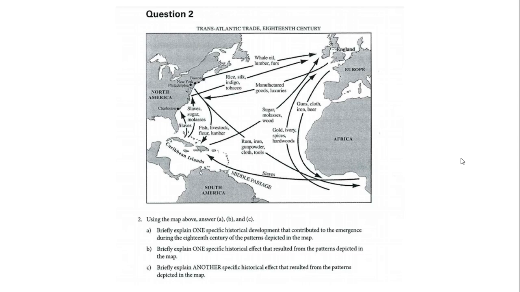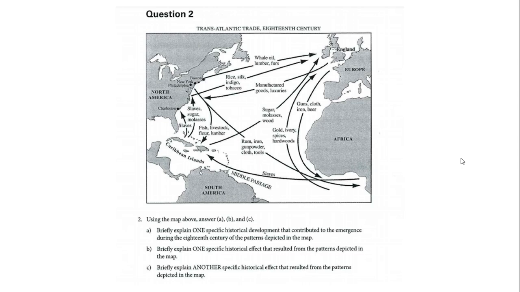The map is depicting transatlantic trade during the 18th century, the 1700s, colonial era transatlantic trade between the New World, Europe, and Africa. This is something that you are generally already aware of.